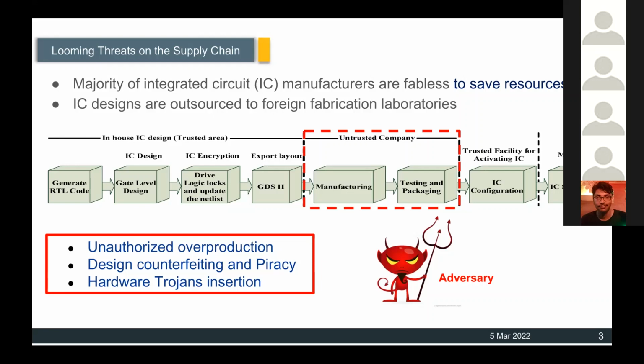As you can understand, the problem of overproduction means you are essentially stealing the IP of the designers, because you are overproducing chips without paying them the appropriate revenue. Likewise, counterfeiting and piracy lead to leakage of the IP and directly conflict with the intellectual property of the designers.